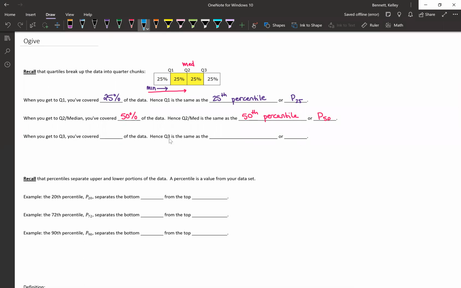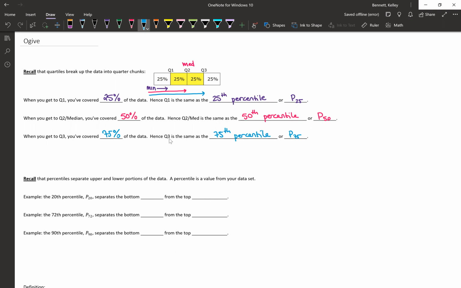And then if we go from min to Q3, the third quartile, then we've covered 75% of the data. And so Q3 is the same as the 75th percentile, which we can write as P75.